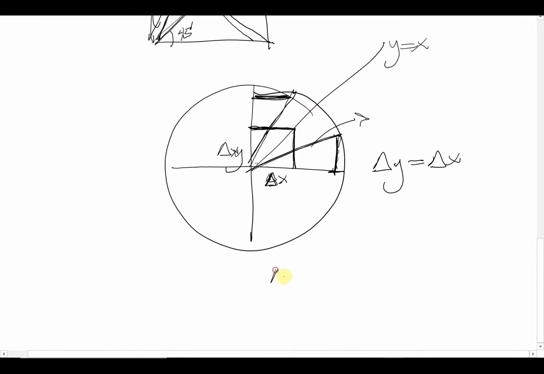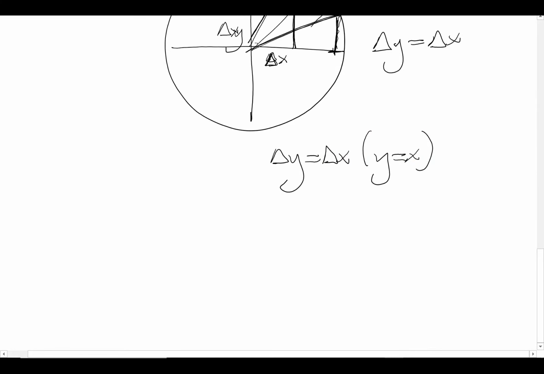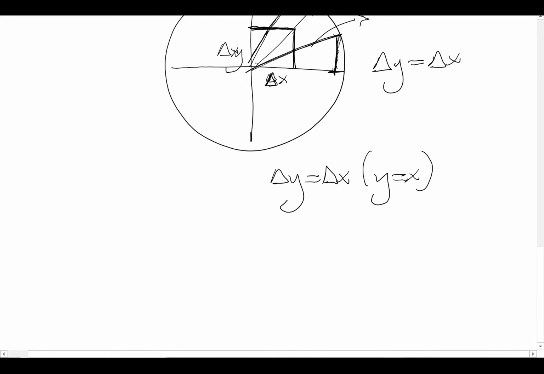We know that delta y equals delta x for the line y equals x, of course. But if y is greater than x, notice how if we go beyond this point, delta y is greater than delta x.